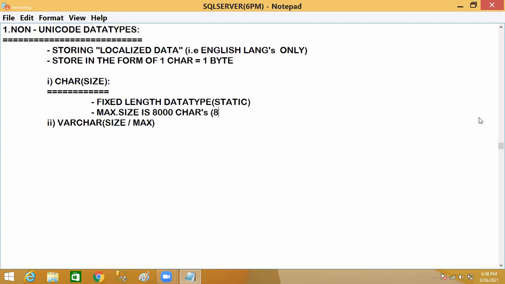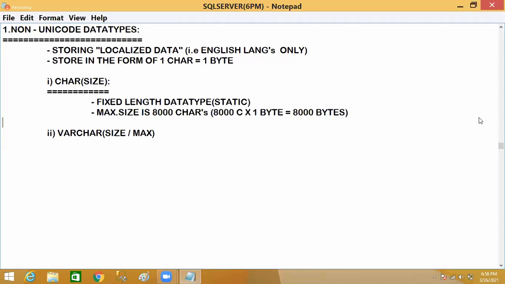Each character takes 1 byte of memory, so 8,000 characters into 1 byte each means it will take 8,000 bytes. This is the character data type.